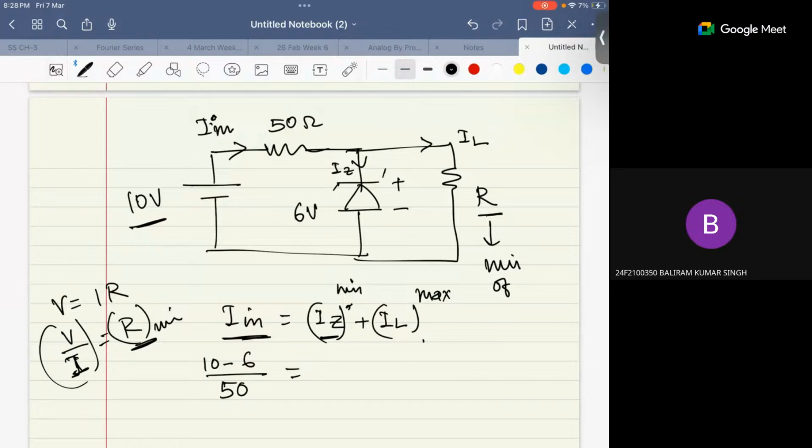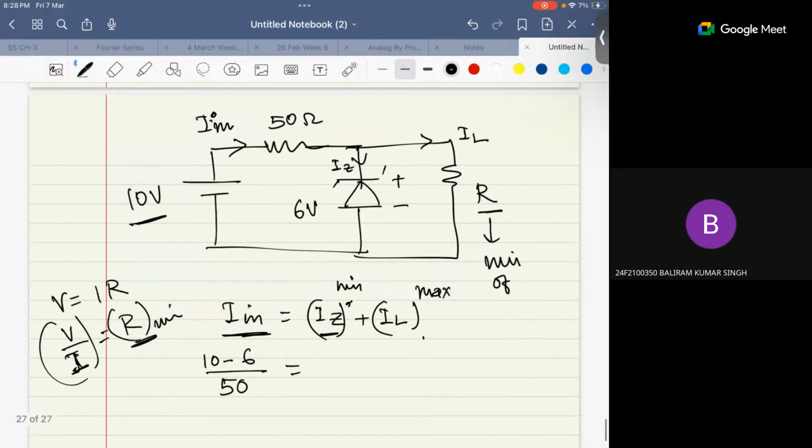Okay, what do you think? What will be the value? So I told you, right? This I from here is getting divided into IG and IL, the load current and the Zener diode current.